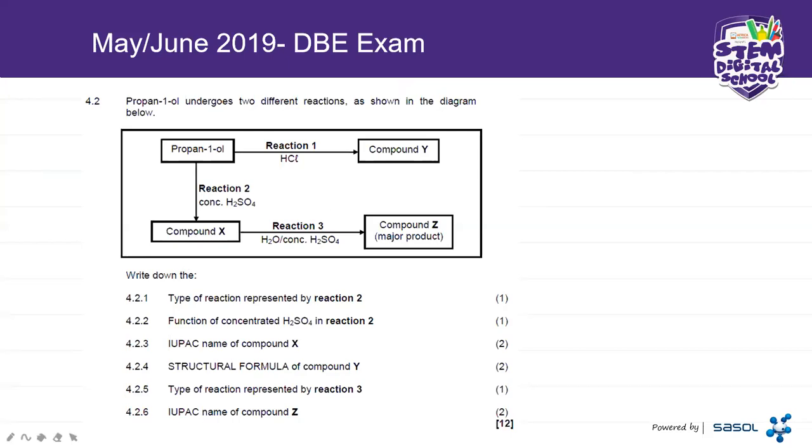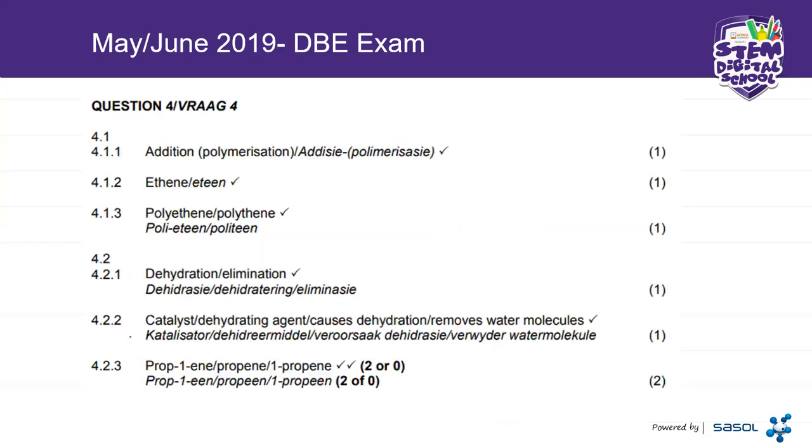And what you're going to have is the resultant. Okay. It's going to be a prop-1-ene. Okay. Because when you remove the H2O, there's going to be a double bond that forms.